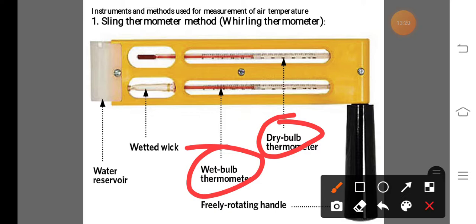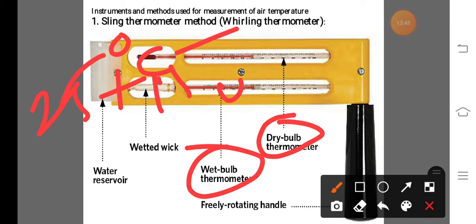After getting constant readings from the two thermometers, take the readings and calculate the average of both, that means the mean air temperature is calculated. Suppose in the dry bulb thermometer we get 25 degrees Celsius, and in the wet bulb thermometer we get also 15 degrees Celsius.